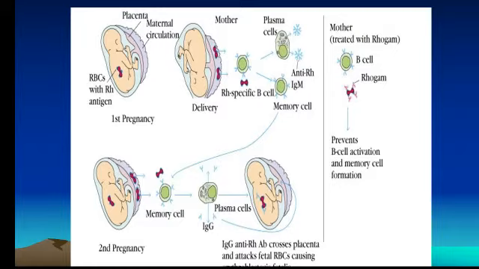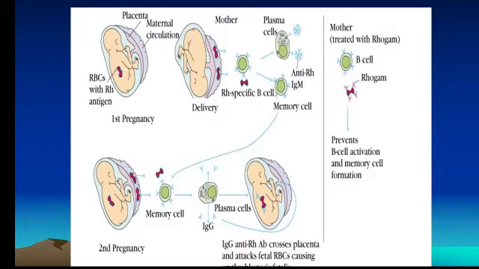IgG anti-Rh crosses the placenta and attacks the fetal RBCs, causing erythroblastosis fetalis, which can be deadly.